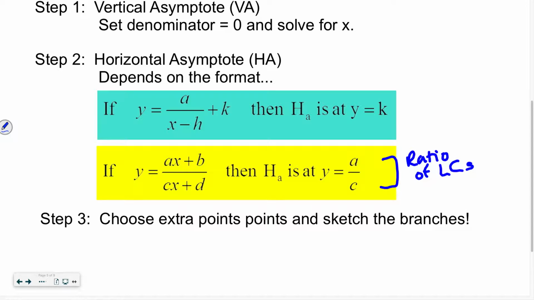So notice that A and C are the ones in front of x's. I could rewrite my equation so that it was like 3 plus 2x, but then A is still 2 because it's in front of x.